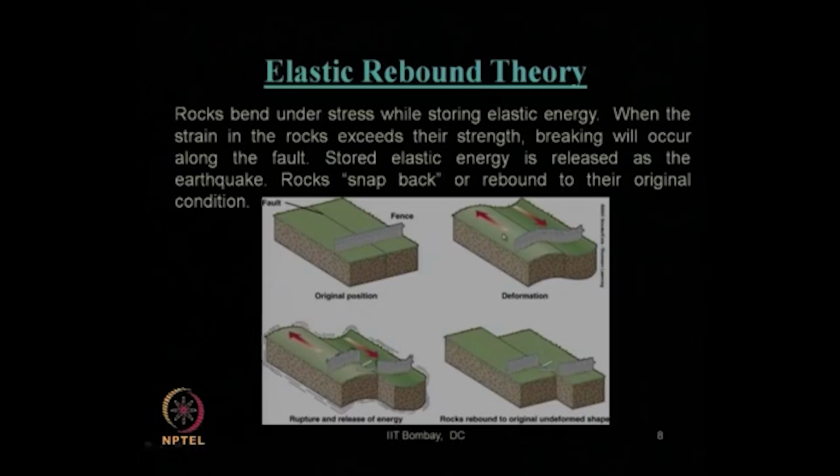So, this is known as elastic rebound theory, that is, the rock block rebounds elastically and goes back to its original position from this position through the process of bending under the stress, when the strain inside the earth crust exceeds the strength of the rock.